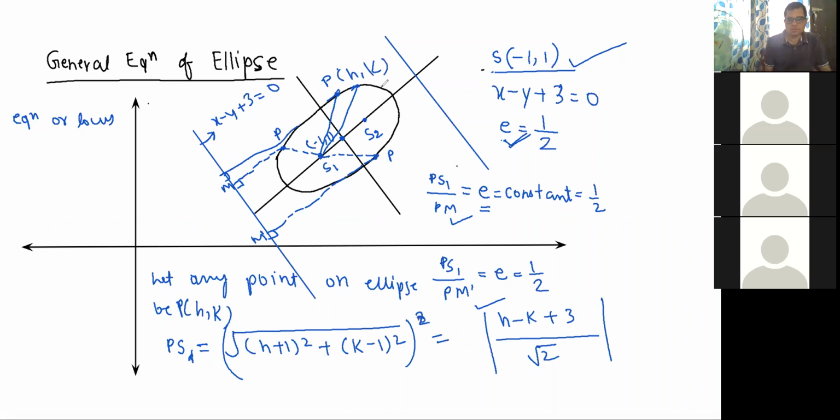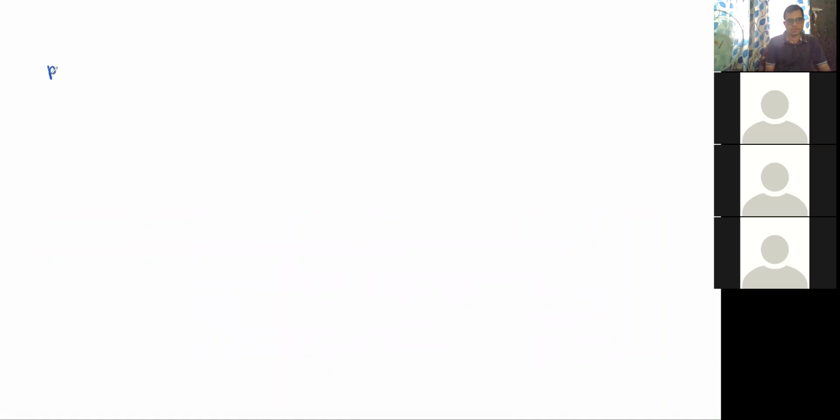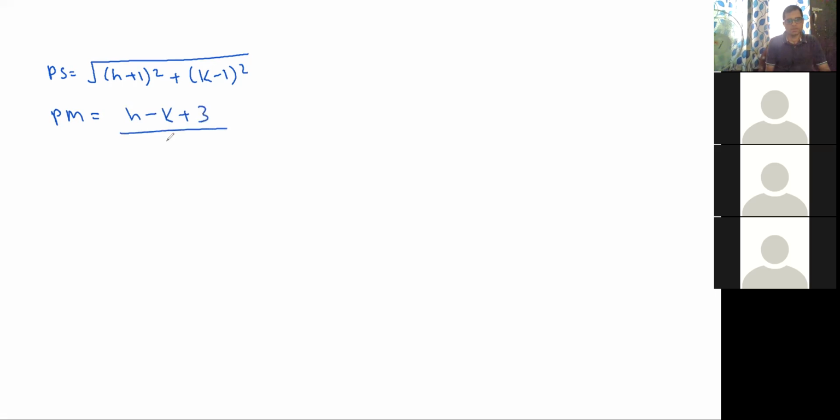So I'll just clear it. PS is equal to under root h plus 1 whole square plus k minus 1 whole square, and PM is equal to mod of h minus k plus 3 divided by root 2.